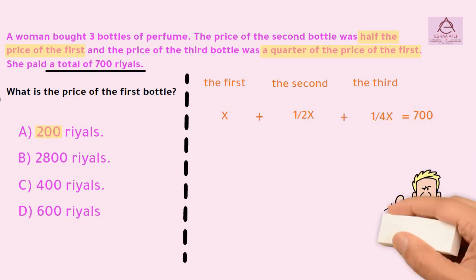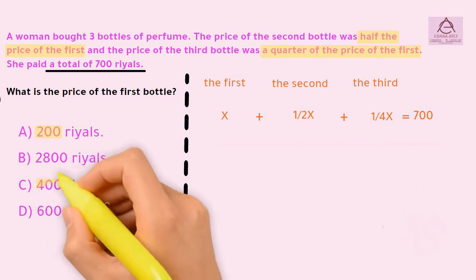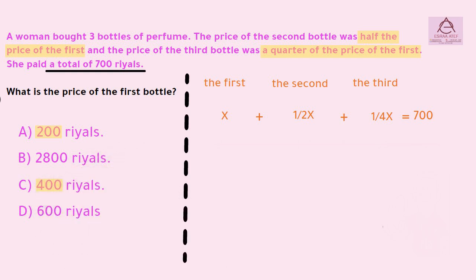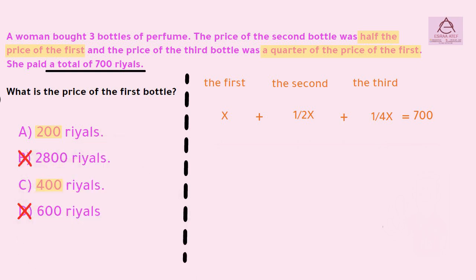Here in this question, we can try only 2 choices, which are 200 and 400. Why? Because the total of the whole bottles is 700, so we should choose a value which is less than 700. So 600 it can't be, 2,800 it can't be.